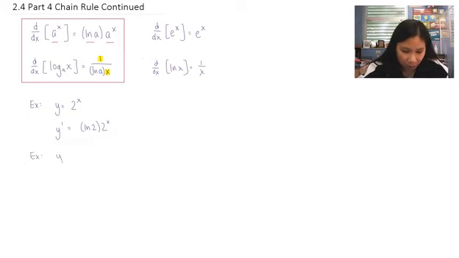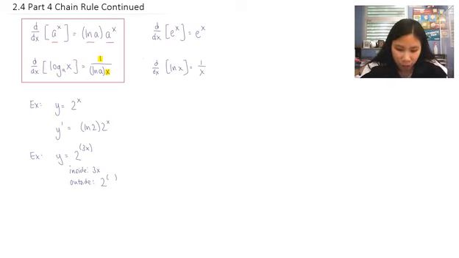So let's say we have 2 to the 3x power. Okay, so slightly more complicated because now our exponent is 3x instead of just x, which really means this requires chain rule, because we're complicating the x part of it. So chain rule: the inside would be the 3x, the outside would be 2 to the whatever power.